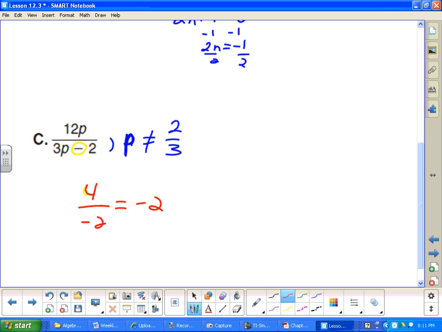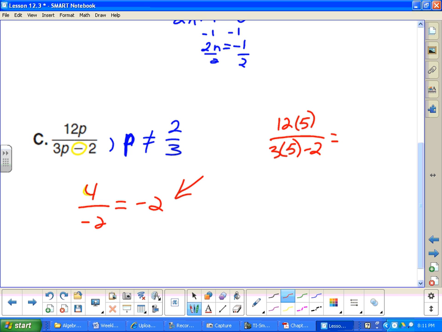All right. So if you think that equals negative 2, then put a value in for p to check it. Let's say 5, for instance. So we get 12 times 5 over 3 times 5 minus 2. Now, if that's correct, then this should equal negative 2 when I simplify it.